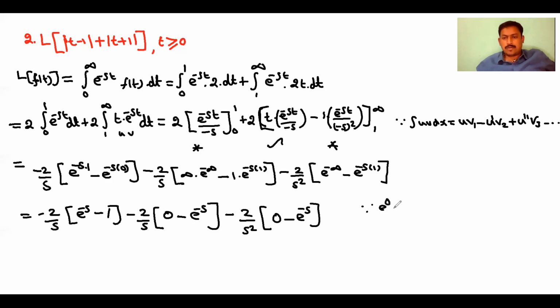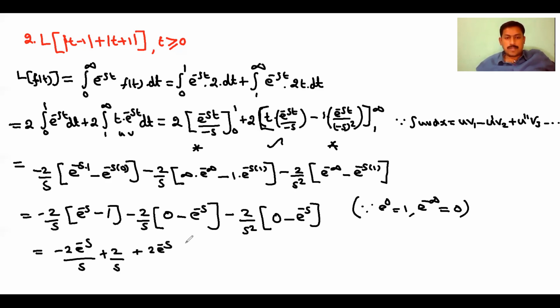Since e power 0 is 1, e power minus infinity is 0. The next step, minus 2 into e power minus s by s, minus of minus plus 2 into e power minus s by s, minus of minus plus 2 into e power minus s by s square.